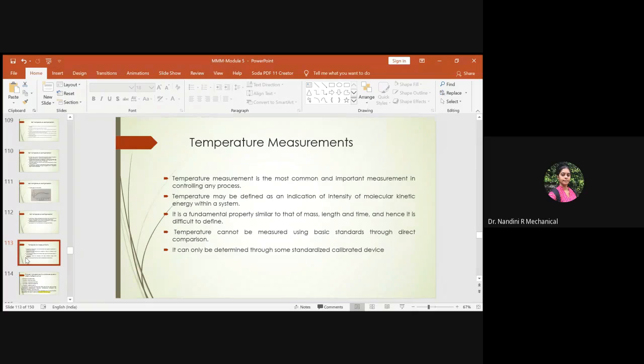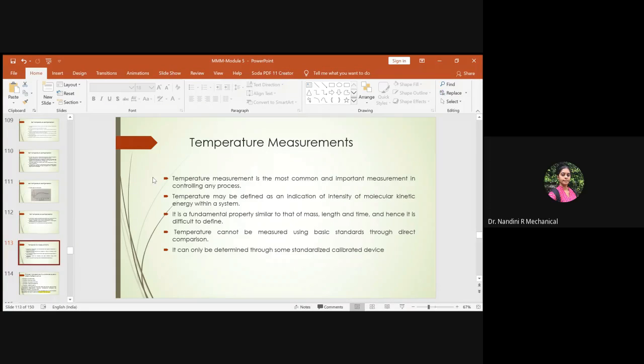It could be a synthesis process, or it could be just improving the properties of the given material, where you go for annealing and heat treatment from the minimum to the maximum range depending upon the melting point of the material. Irrespective of the aspect, it is very essential to measure the temperature in any process, and hence there is a need for temperature measurements.